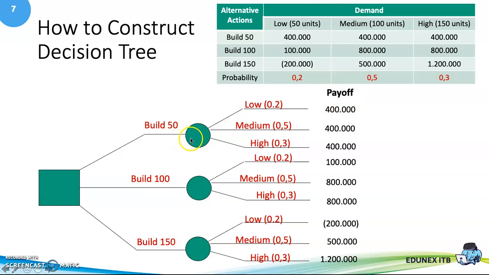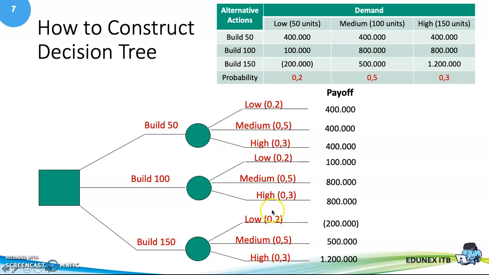If you want to build 50 units of houses and the demand is low, the payoff you get is 400,000. If you build 100 units of houses and the demand is medium, then you get 800,000. If you build 150 units with the demand high, 0.3, it is 1,200,000. So this is the decision tree.